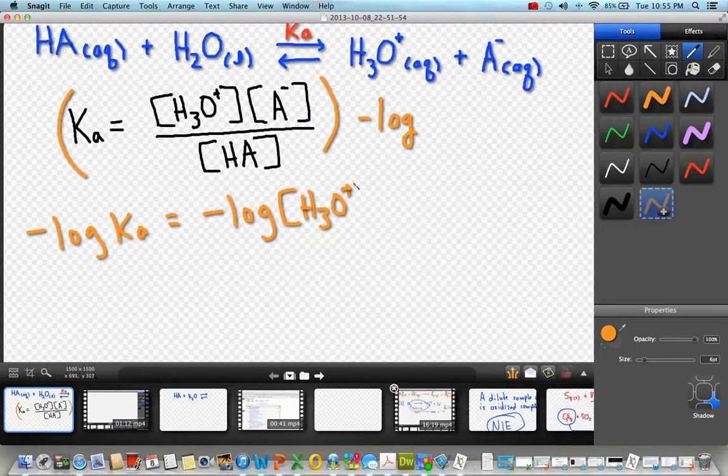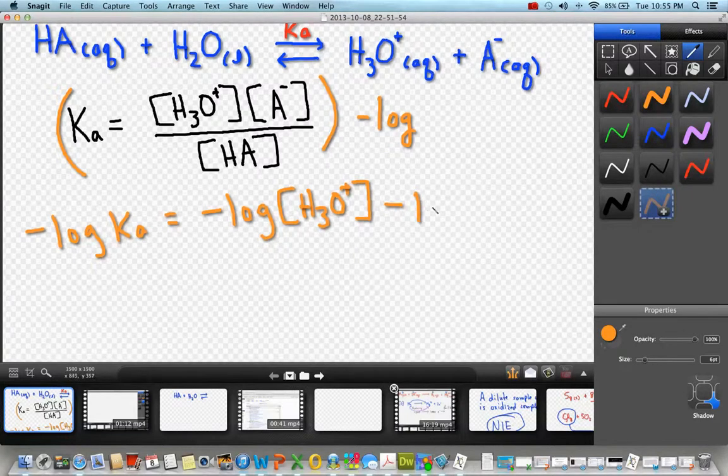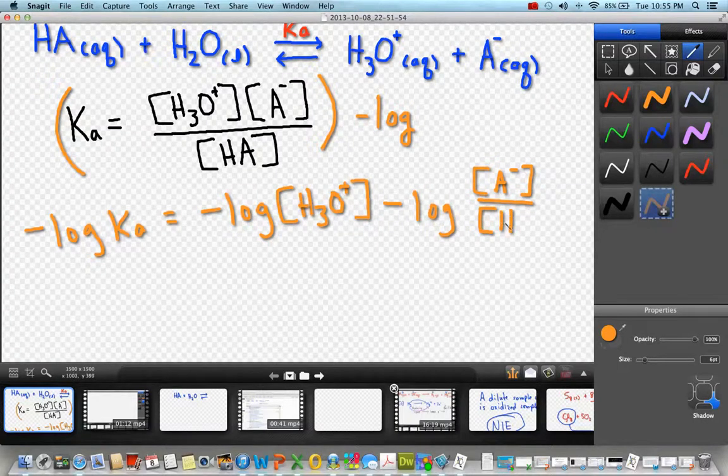Now, from the properties of logs, I can legitimately separate out the hydronium from the rest of the expression, minus the log of the concentration of A- over HA.